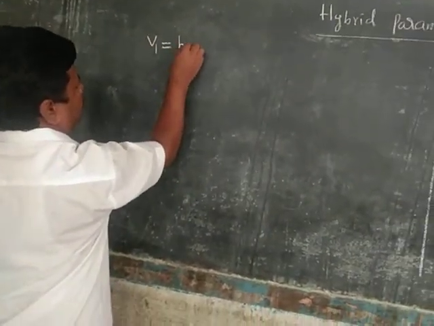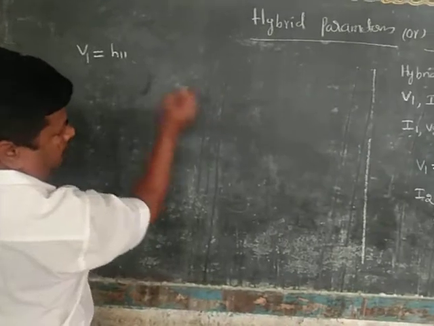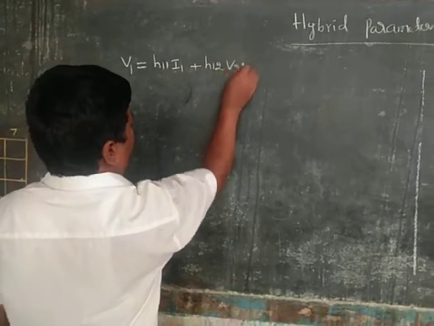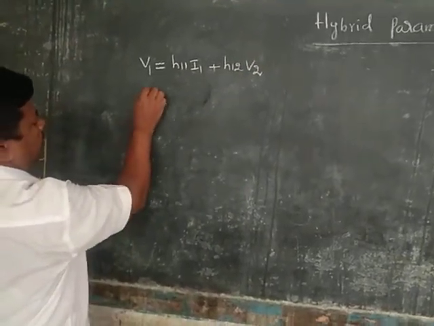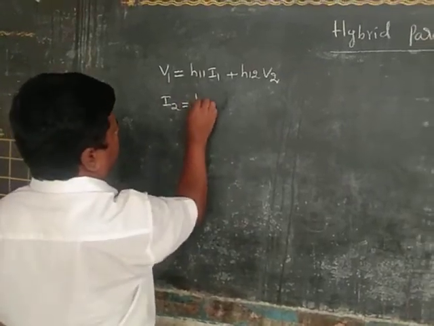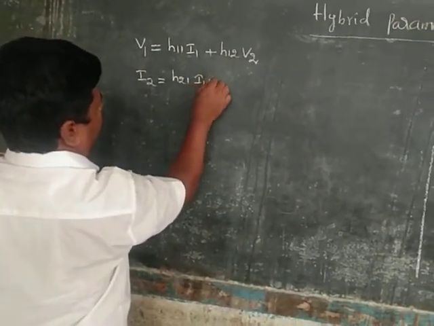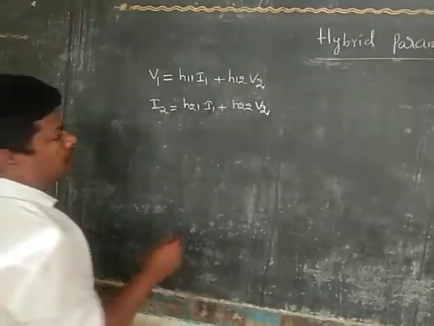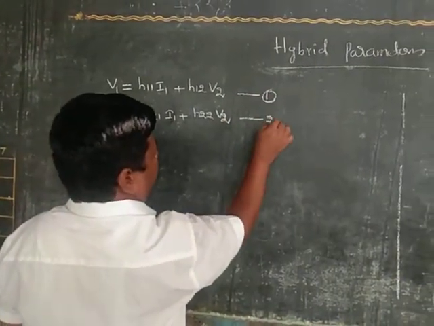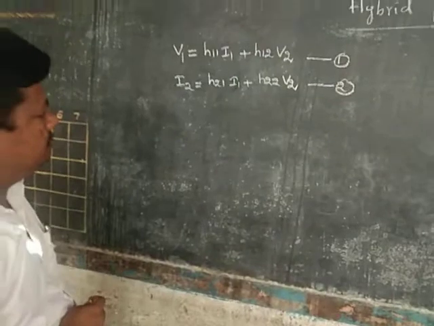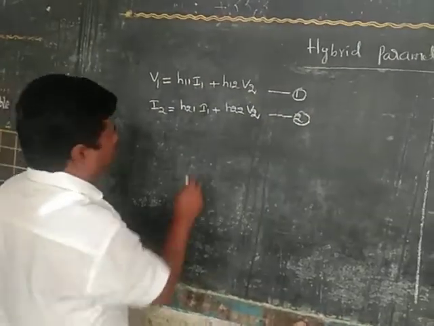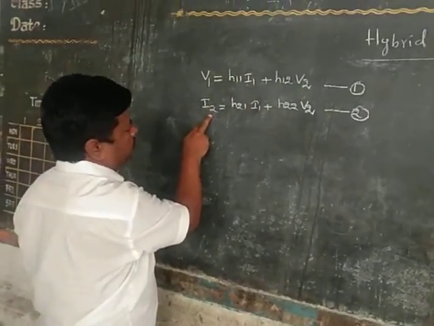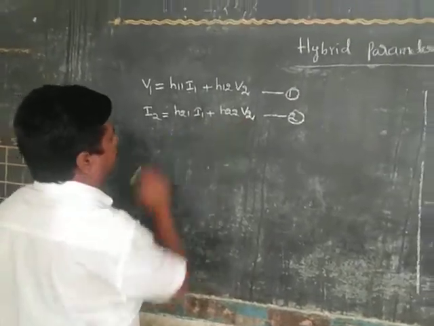Now coming to the H parameter equations: V1 is equal to H11 I1 plus H12 V2. Similarly, I2 is equal to H21 I1 plus H22 V2. These two are the equations in H parameters. So V1 is a function of I1 as well as V2, and I2 is a function of I1 and V2.